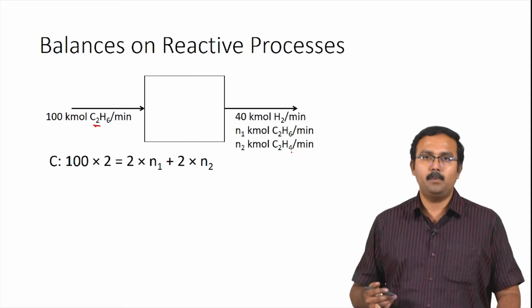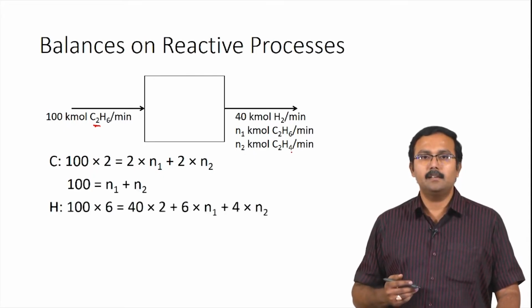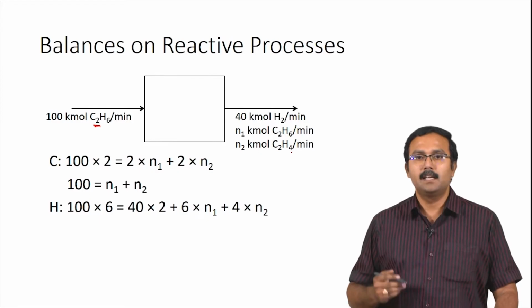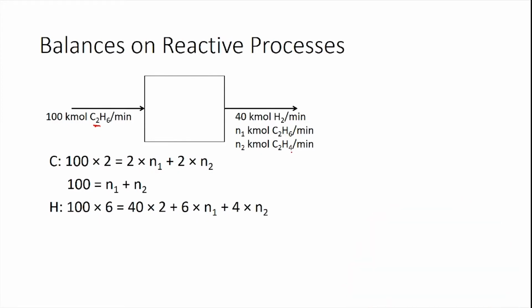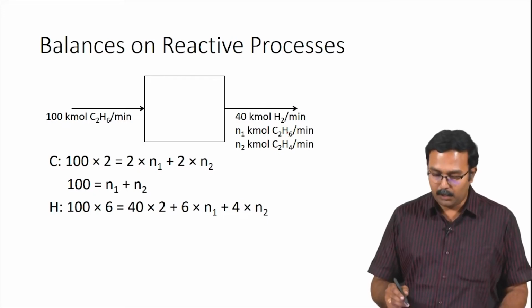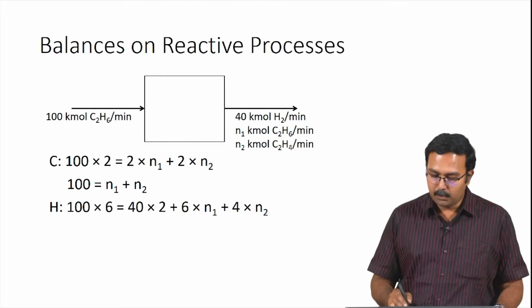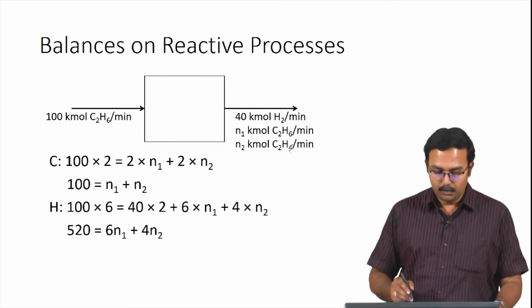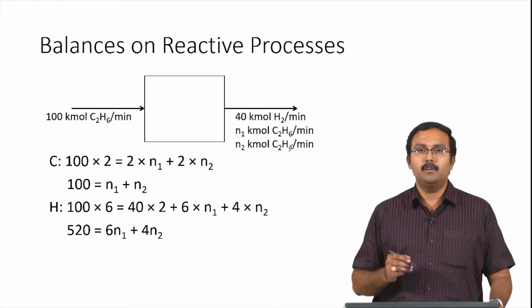Similarly, we can write a balance equation for hydrogen which would look like this: 100 times 6 equals 40 times 2 plus 6 times N1 plus 4 times N2. So, what you can see here is you have 6 atoms of hydrogen entering through 1 molecule of ethane, 2 atoms of hydrogen leaving through 1 molecule of hydrogen, 6 atoms of hydrogen leaving through 1 molecule of ethane, and 4 atoms of hydrogen leaving through 1 molecule of ethylene.